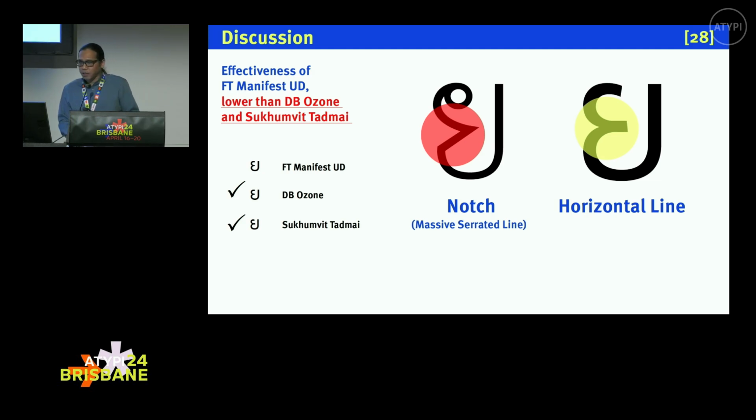The findings suggest that the use of a horizontal line for the Yoyak may enhance legibility and visibility better than the use of a massive serrated line or notch, especially with the appearance in small size, concerning small visual angle involving viewing distance.